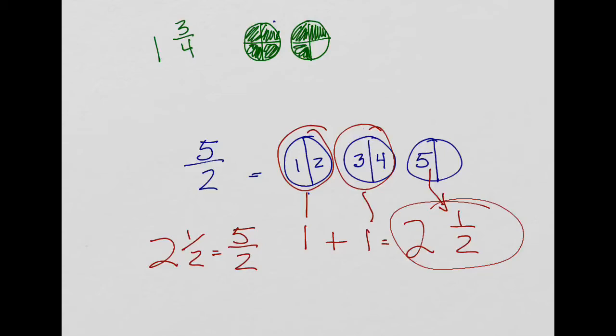Well, how do I know that? Because I would say this 2 times the big whole number 2 equals 4 plus this 1 here equals 5.